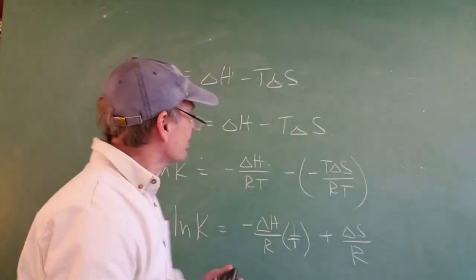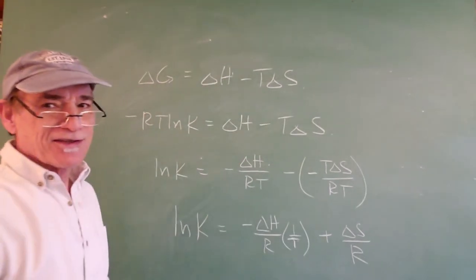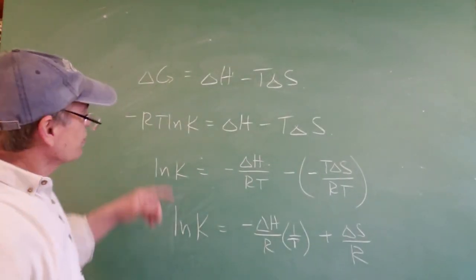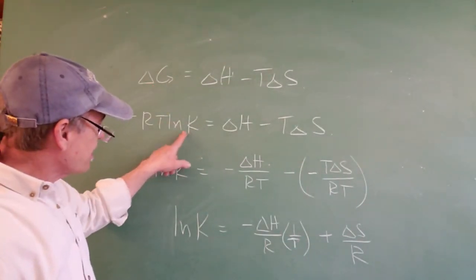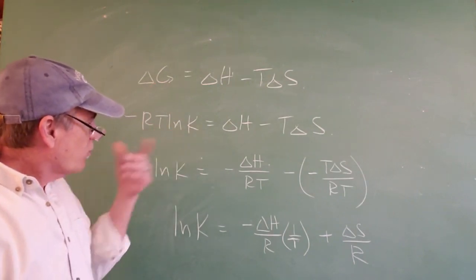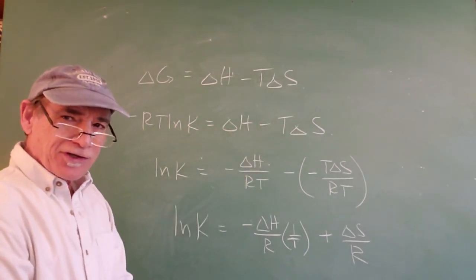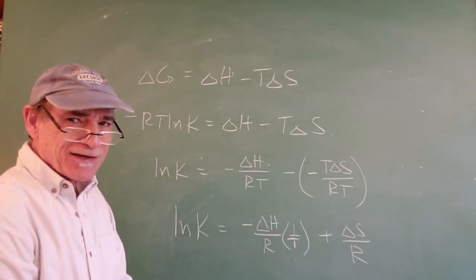As a matter of fact, look at this. If we have delta G equal to delta H minus T delta S, and now we've established a relationship between delta G and K, that delta G is minus RT ln K, we could set that equal to delta H minus T delta S. A little algebraic acrobatics here.